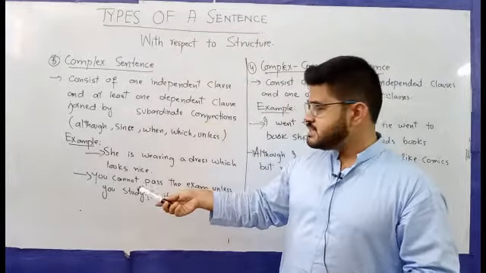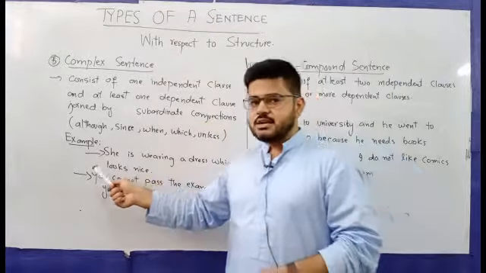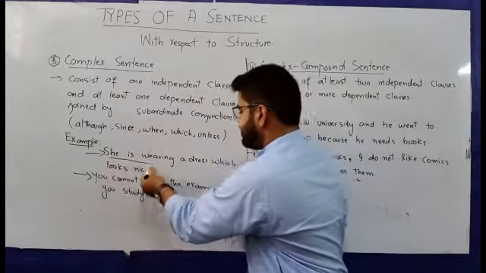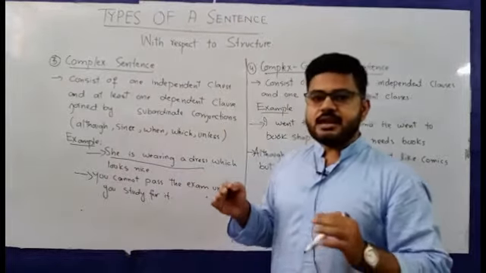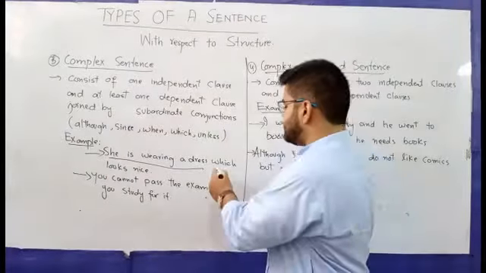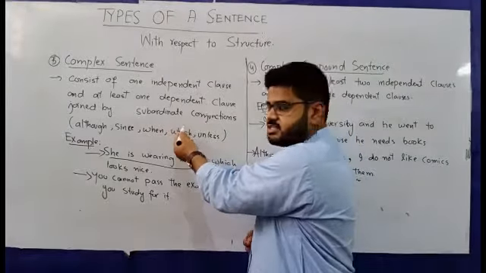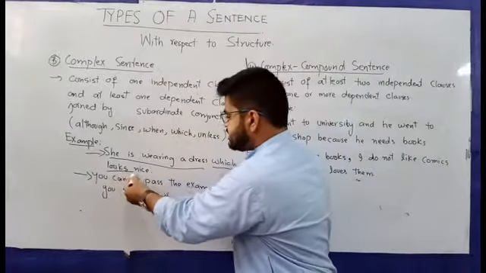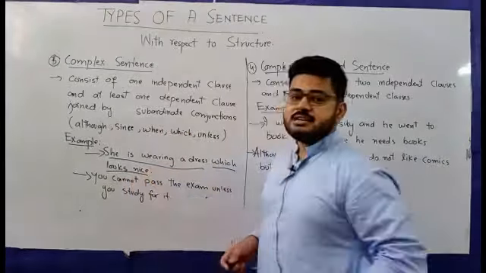Let's come to the examples, then it will be clear to you. She is wearing a dress which looks nice. Now there are two clauses. The first one, she is wearing a dress, is an independent clause. Then the word which is a subordinate conjunction, and looks nice is a dependent clause, because it depends upon the previous clause.